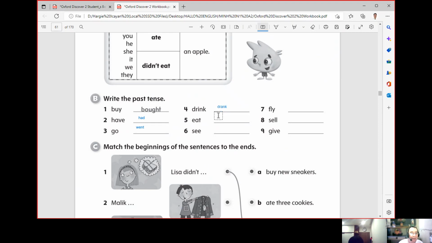And then this one, ate. And this one, saw. And this one, flew. And this one, sold. Very good. And this one, give, gave. Now I want you to remember this one.